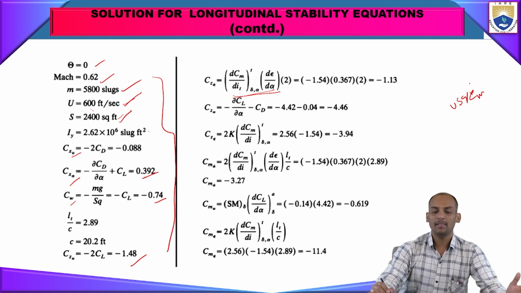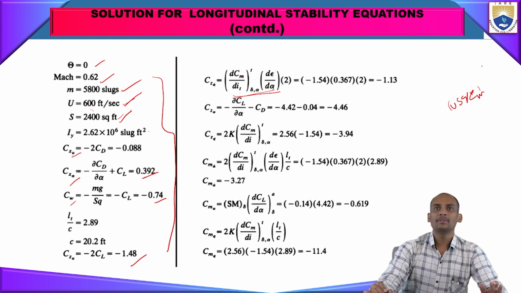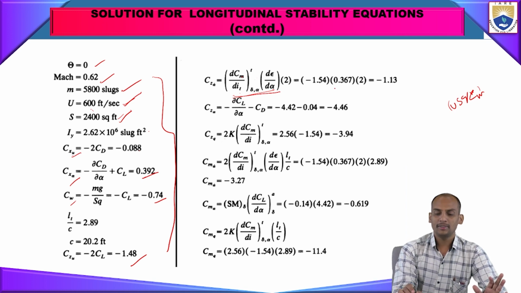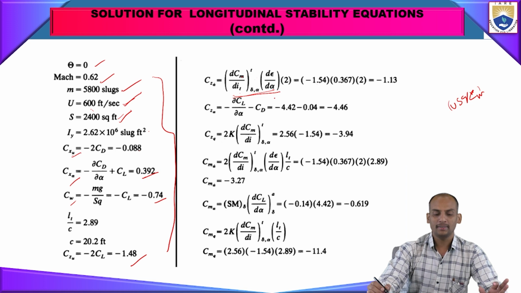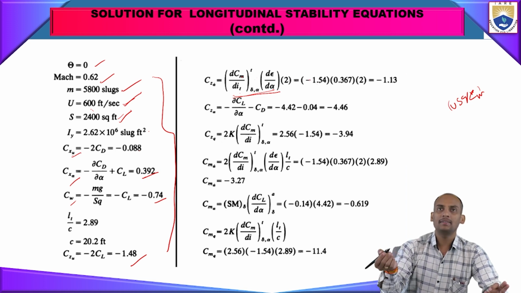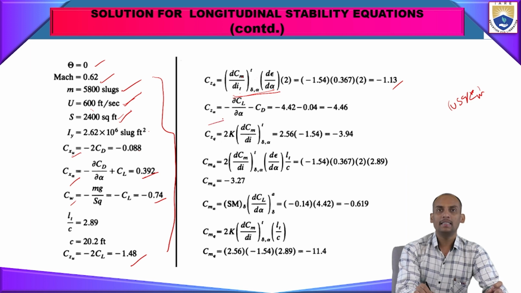If you remember that equation, from that we have the CM definition, and the elevator deflection angle, that is epsilon. That deflection variation also we have considered. So that value is minus 1.54, and d-epsilon by d-alpha is 0.367. And the 2 is included in the formulation. So the total value will be minus 1.13.